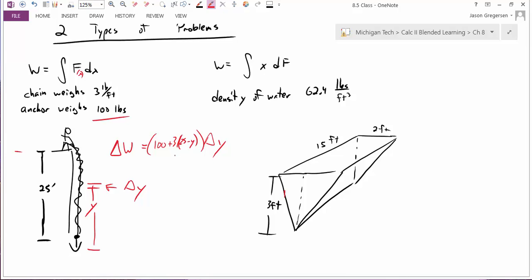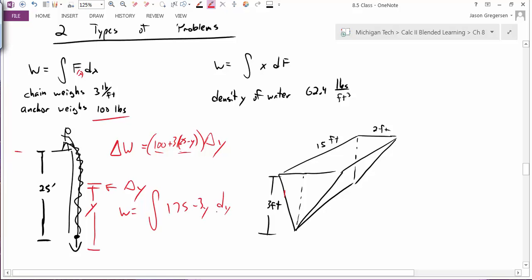That represents the work it takes to move this some little distance dy at any point along the process. So then to find the total work, I just add up all those slices. So I'll get 100 plus 3 times (25 minus y); I'll distribute that 3, so I'll get the integral of 175 minus 3y dy, integrating this from 0 to 25.